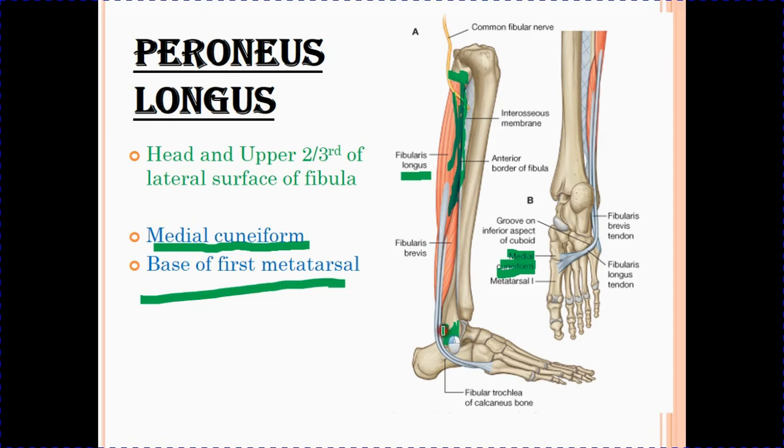It runs behind the lateral malleolus. You can see it crosses the undersurface of the foot. This is the fibularis longus tendon. See, it is crossing the undersurface of the foot and it is inserted into the medial cuneiform and the first metatarsal.